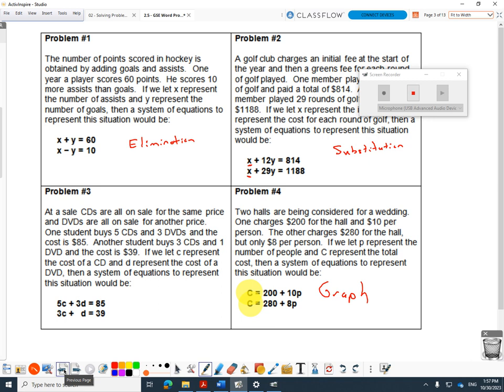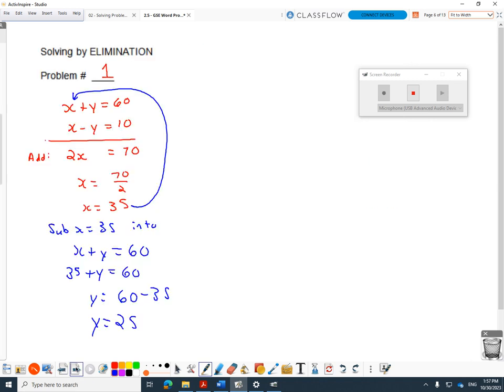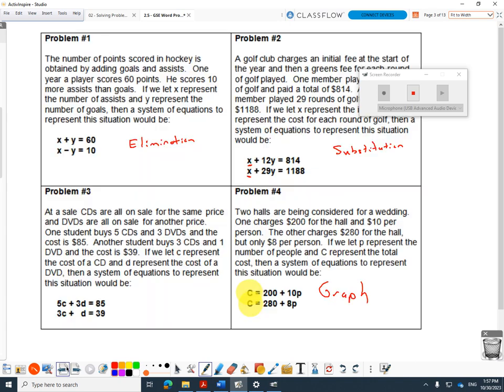So when answering this, so he had 35. I've already forgotten what x was. Was x the goals or the assists? X was assists.